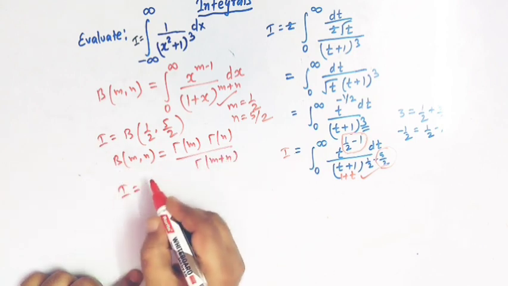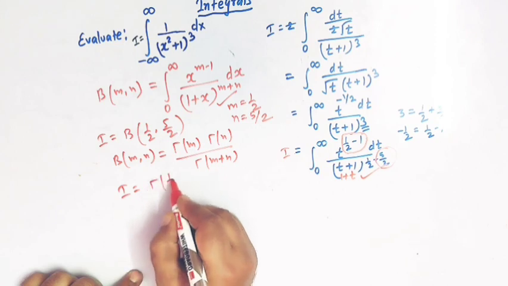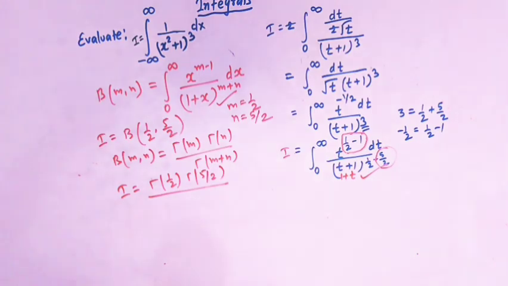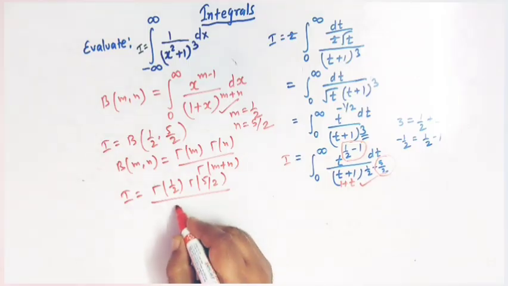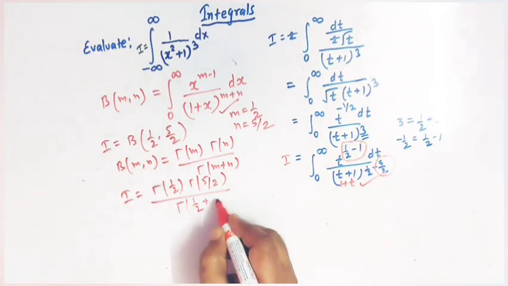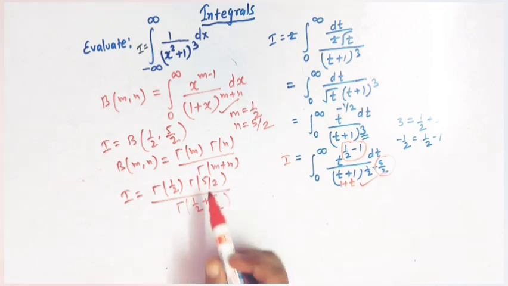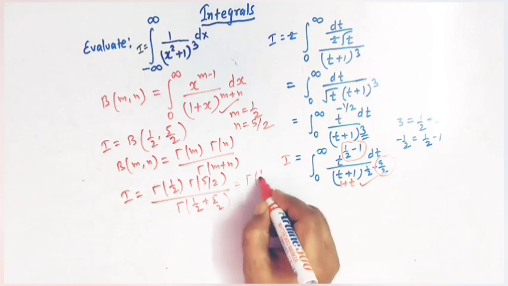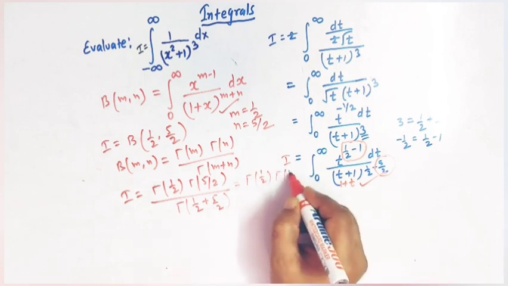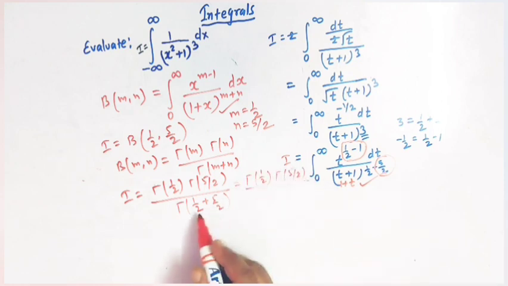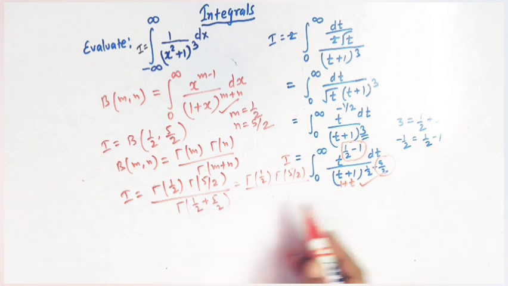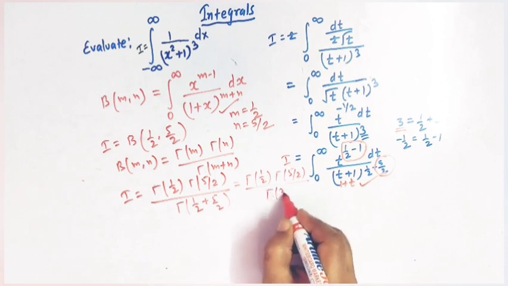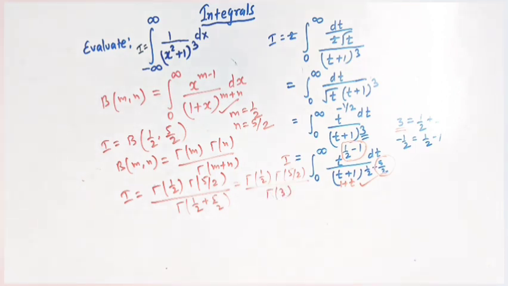So here I is now equal to gamma of half, gamma of 5 by 2 divided by gamma of half plus 5 by 2, right? So here we have m plus n. So this is gamma of half, gamma of 5 by 2, and here we have half plus 5 by 2, that is equal to 3. So here we have gamma of 3, right?